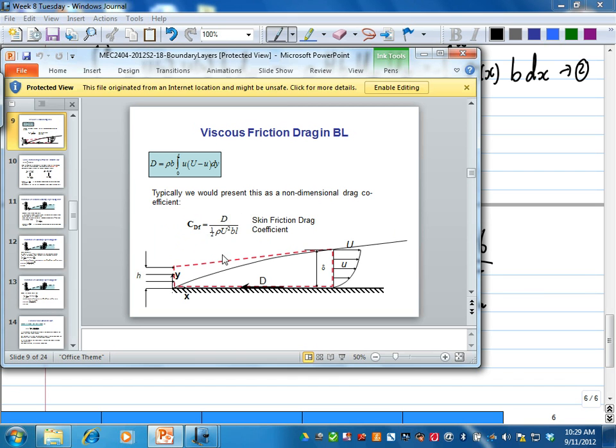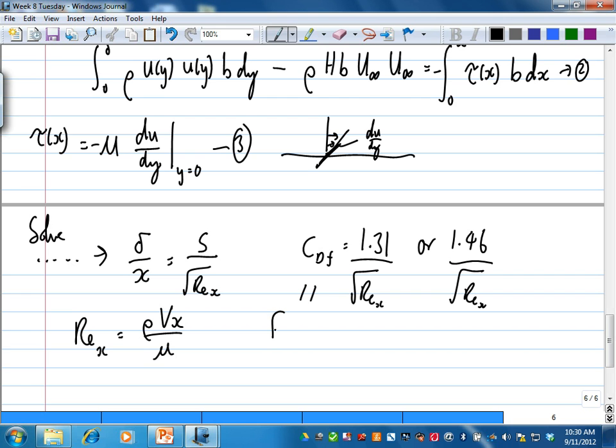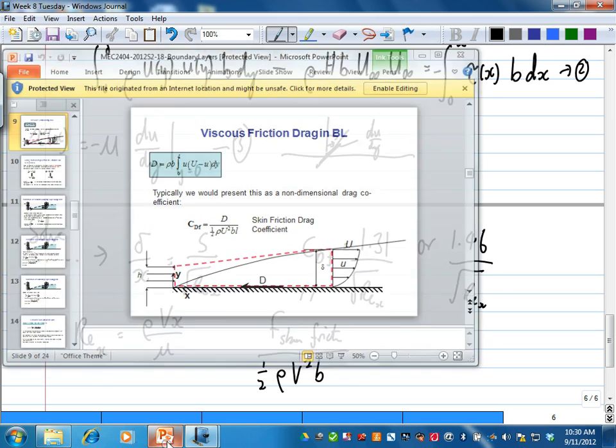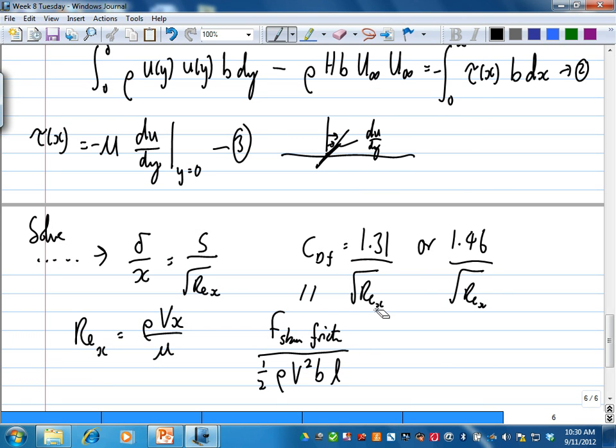CDF is equal to the skin friction force over half rho V squared times B times L. Actually, by right, this should be Re_L, where Re_L is equal to rho V L over mu.